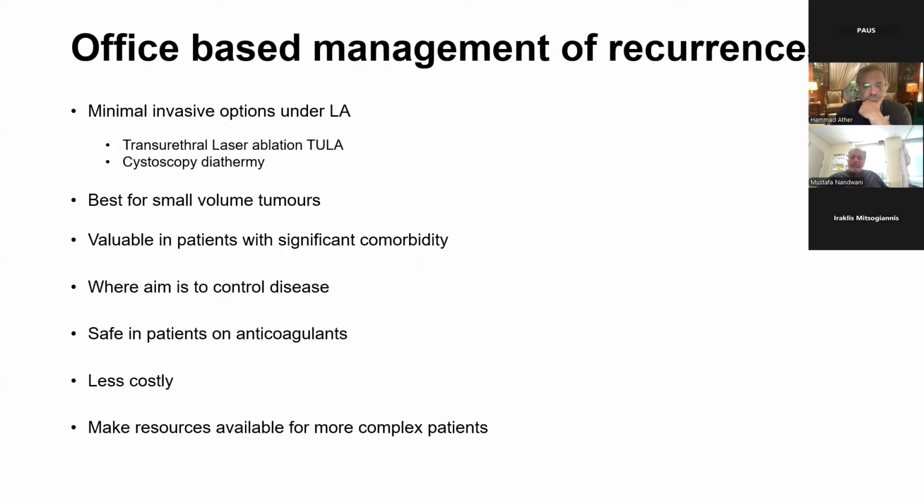It has been seen that it's safe in patients on anticoagulants, where if you stop the anticoagulant, they may have some consequences. And this is less costly because we are preventing a TURBT in some selected group of patients, and it frees more resources on the normal theatre list for other complex patients. These are all the benefits.